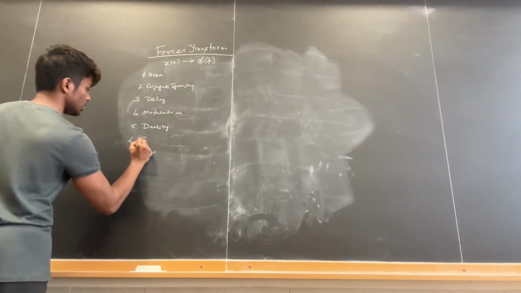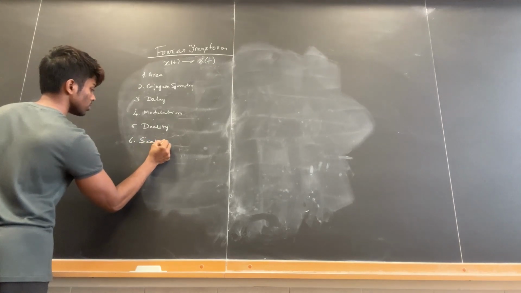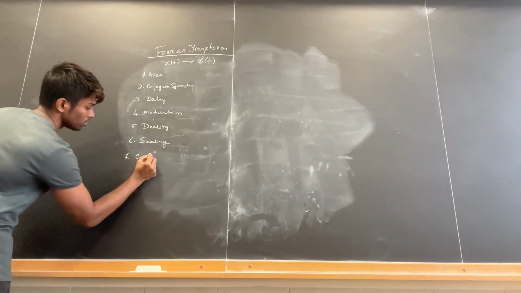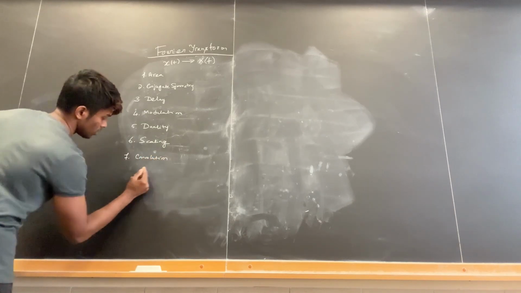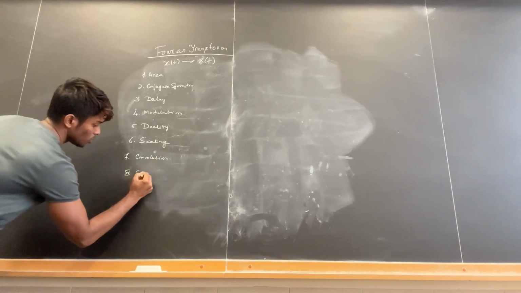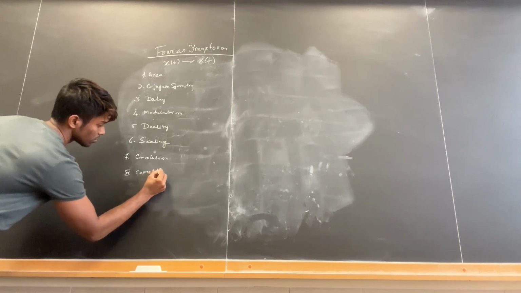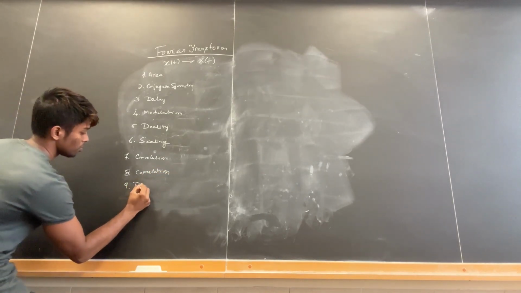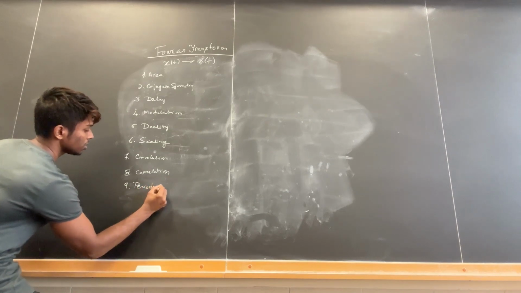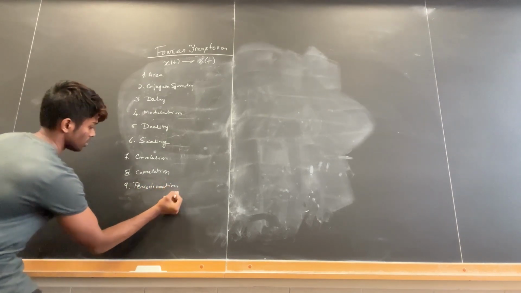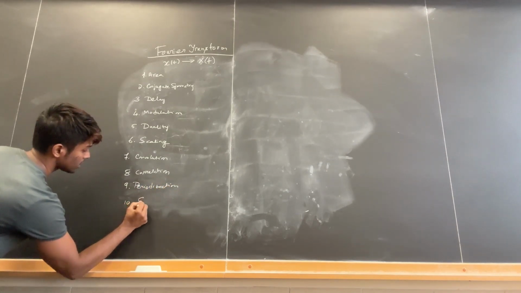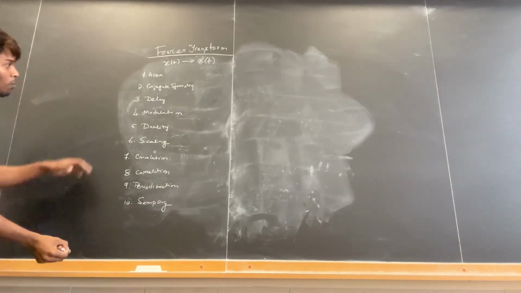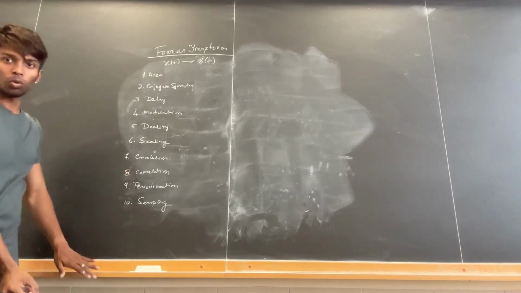Six is scaling. Seven is convolution. Eight is correlation. Nine is periodization. Ten is sampling. These are the 10 main properties of the Fourier transform that we need to focus on.